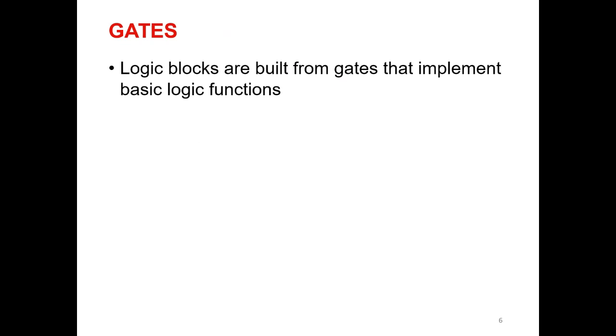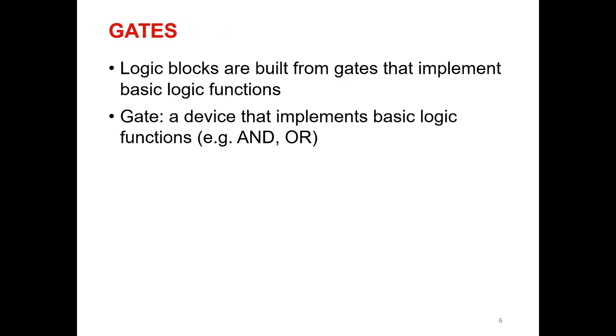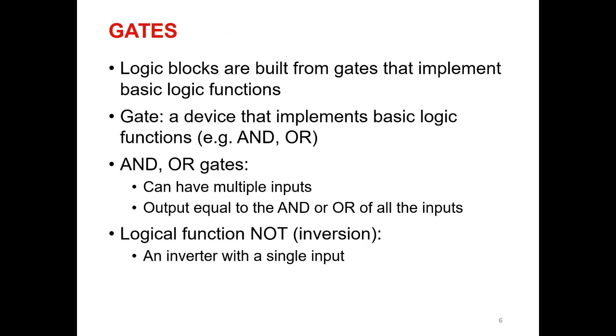So all logic blocks are built from basic gates. I'm sure you have heard about those gates: an AND gate and an OR gate, which actually implement the logical AND and the logical OR we have seen. And we also have the NOT or inversion function, which is the third element that we have to build logic blocks.